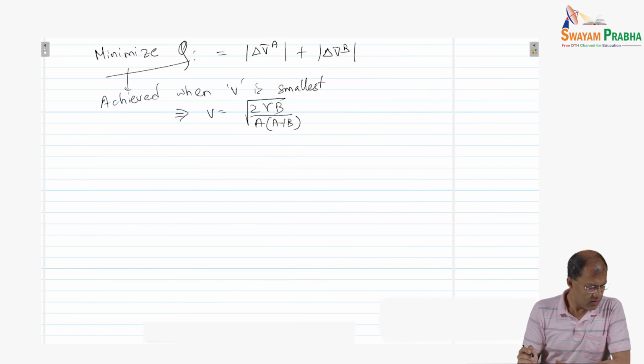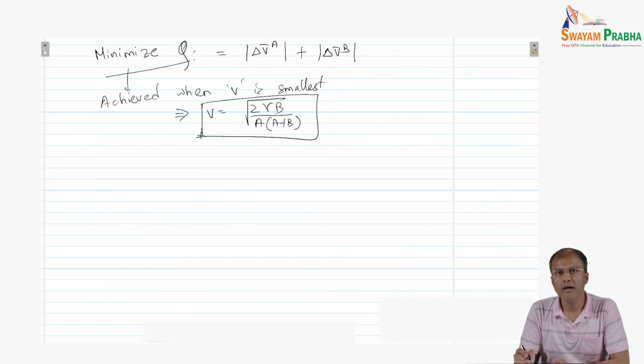Okay. So this is our orbital speed with which the satellite should be projected so that it reaches the planet B at the point of arrival of the planet.